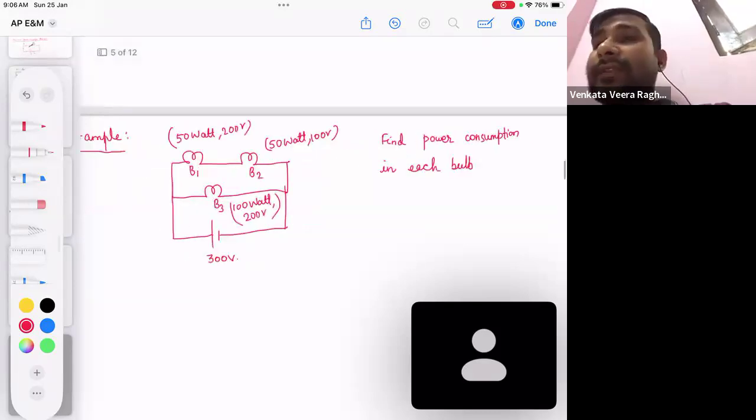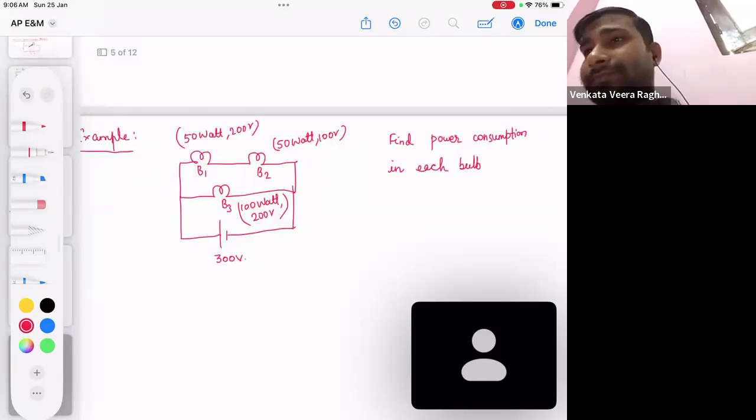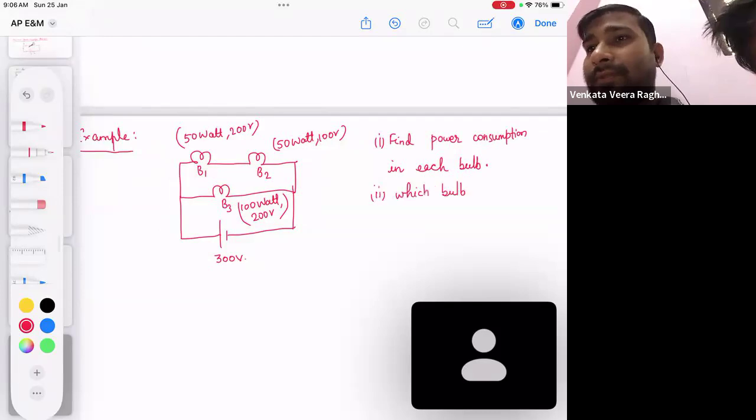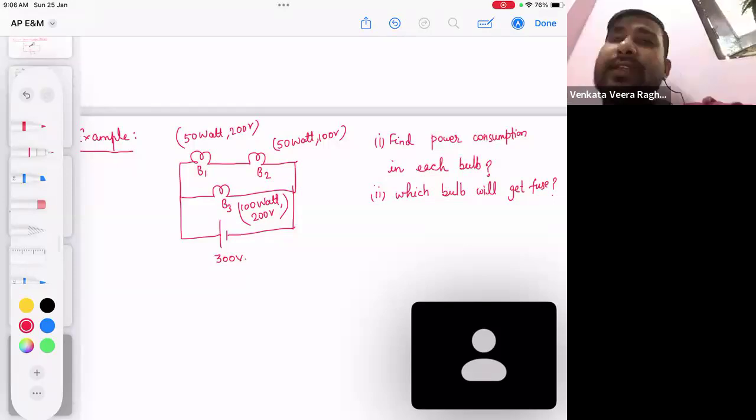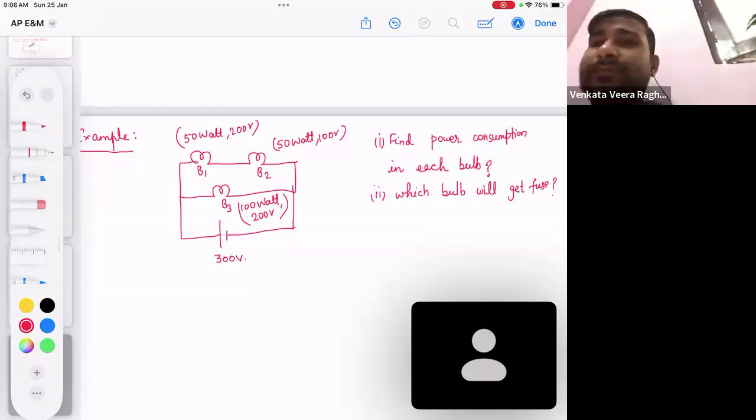Also, please check whether any bulb is getting fused or not. That is the first thing to find out. Second thing, which bulb will get fused. If any one of the bulbs is going to be fused, then we have to find out which one. If all are safe, then no problem.